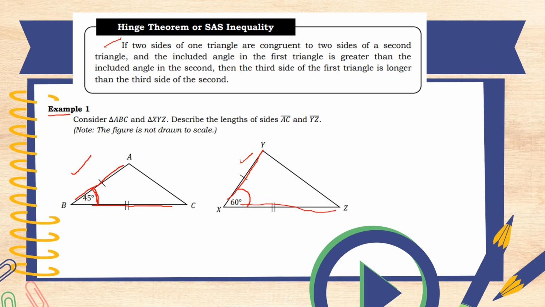Applying the Hinge theorem, looking at AC, AC is shorter than YZ. Since the angle opposite to AC is angle B, which has a smaller measure than angle X, which is opposite to YZ.